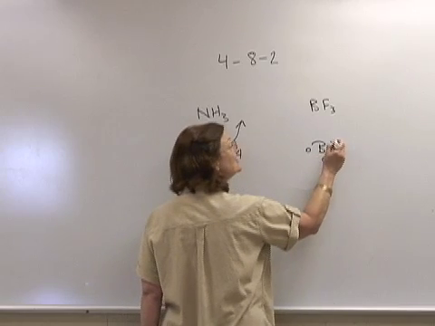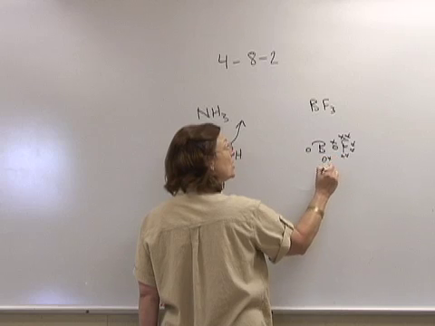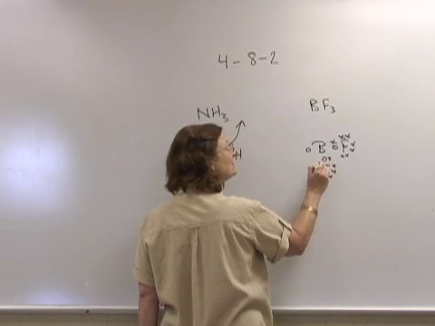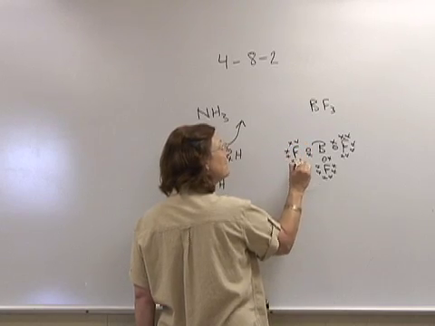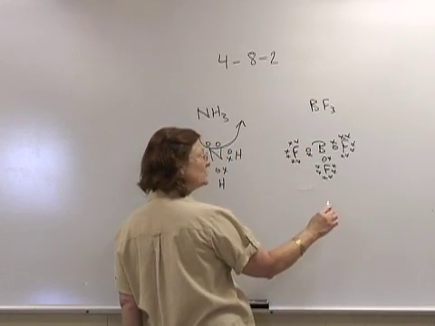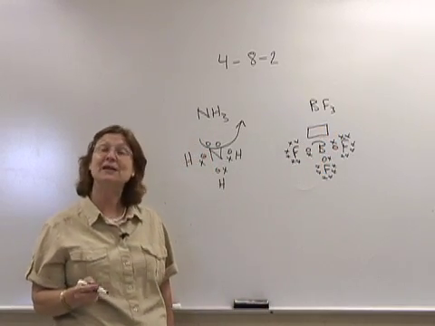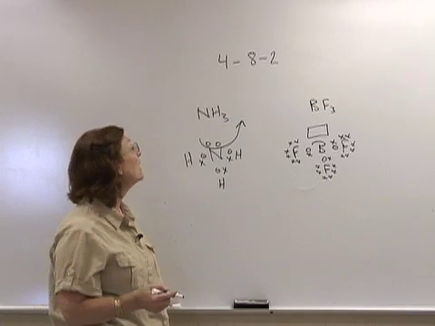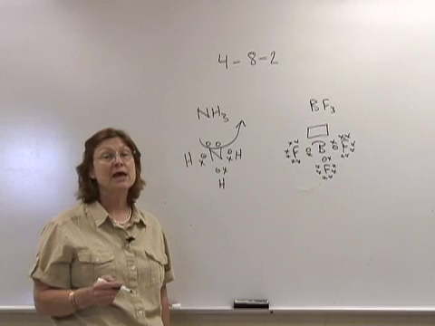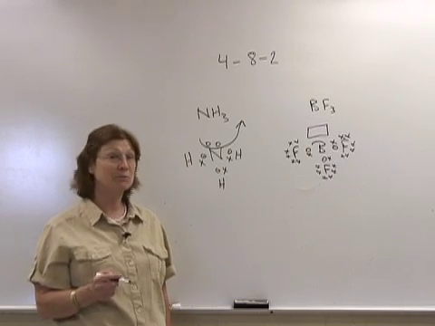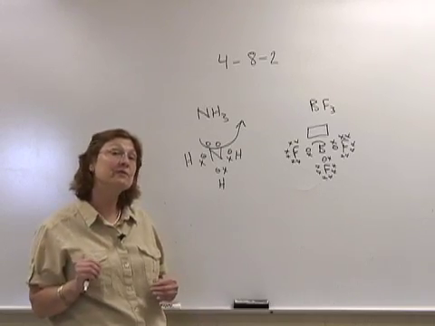And fluorine has 7 dots on each. Well, when we look at this structure, we see that there is a space here where it could accept an electron pair. A Lewis acid is an electron pair acceptor. A Bronsted-Lowry acid is a proton donor. That's the big distinction between those two theories.